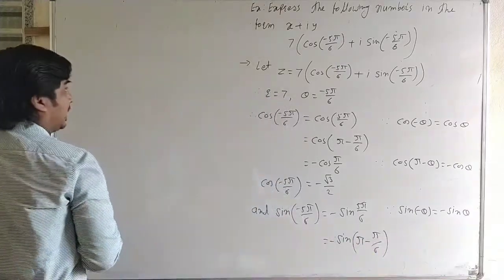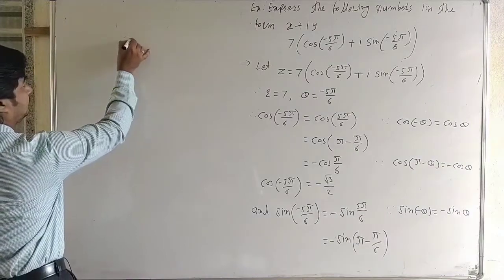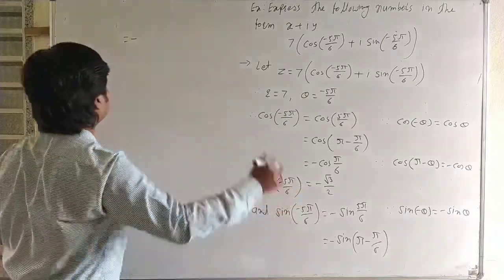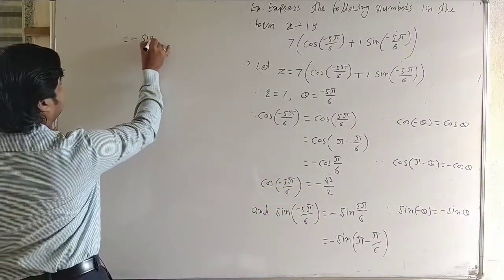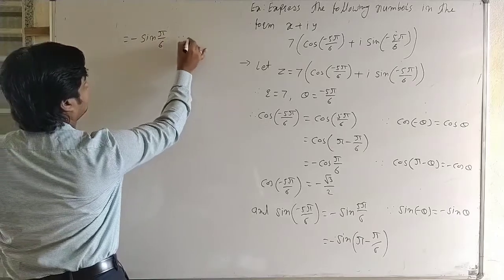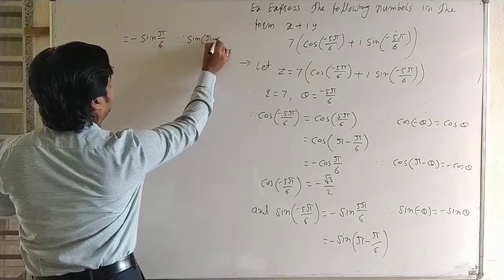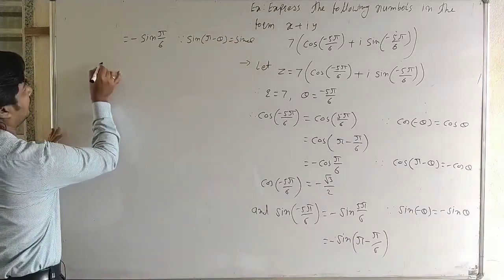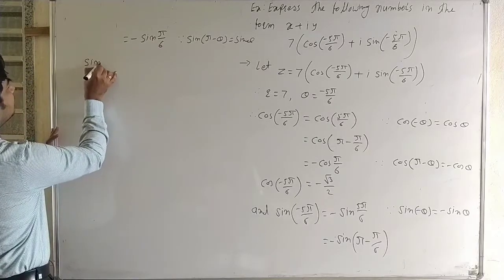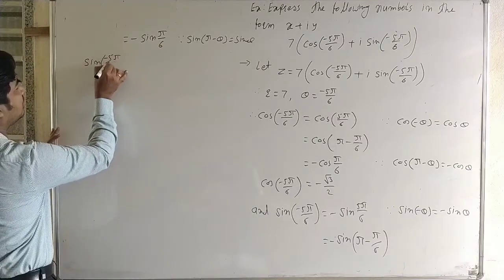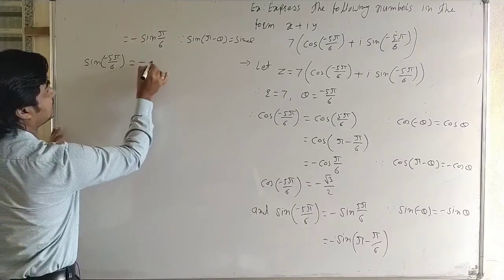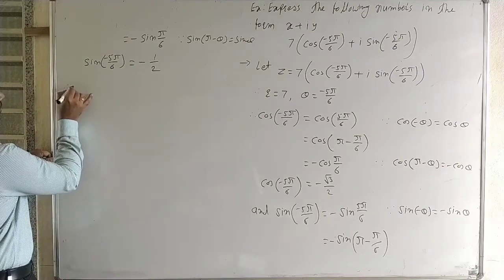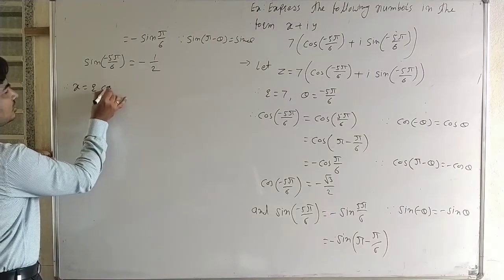Again here with the allied angle formula, sine pi minus theta is sine theta, it is positive. Therefore sine minus 5 pi by 6 is equal to minus 1 by 2. Sine pi by 6 is 1 by 2.